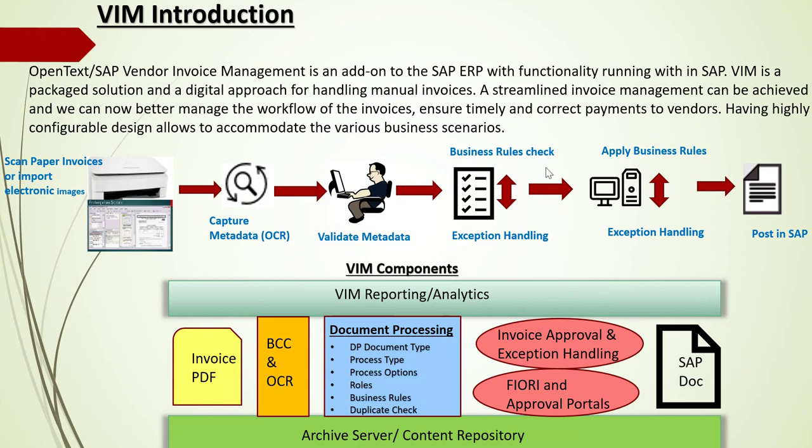Coming to exception handling, these two come under exception handling. The final step is that once you have cleared all the exceptions, it will trigger the workflow. Once approval is completed, post the invoice in SAP. Until then it is just holding, parking the invoice; we are parking, not posting.